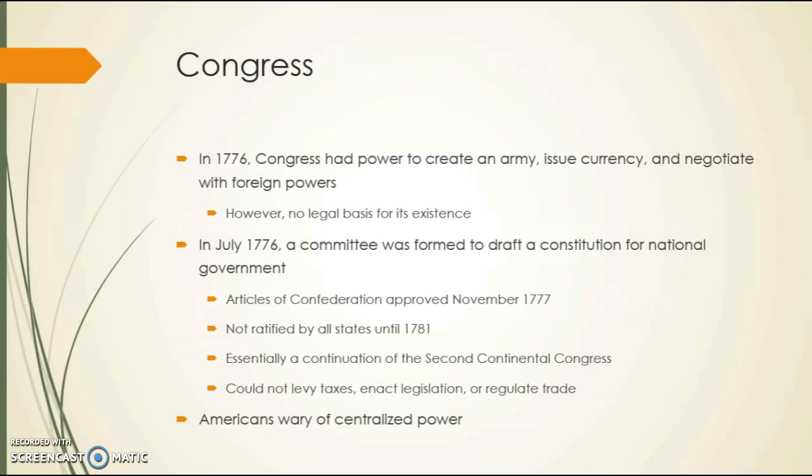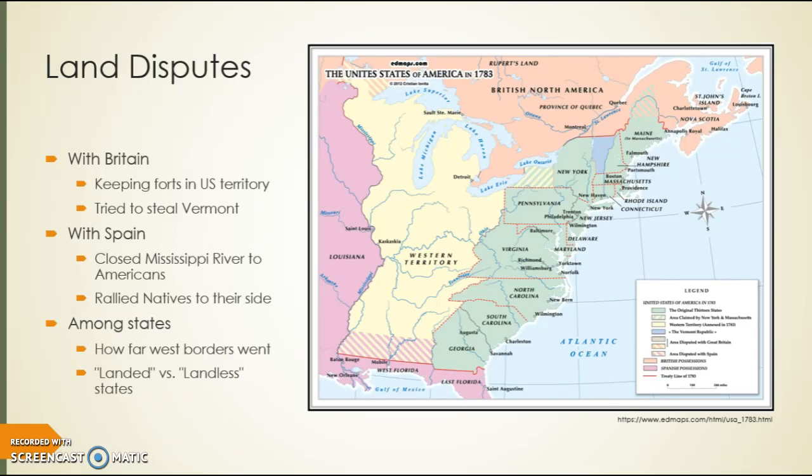All right, let's move on here. I have a map here, just to show different land disputes that were happening. The United States had land disputes in several different ways. There were land disputes with the British. One thing was that this is still a British colony up here, and they had forts along the border.